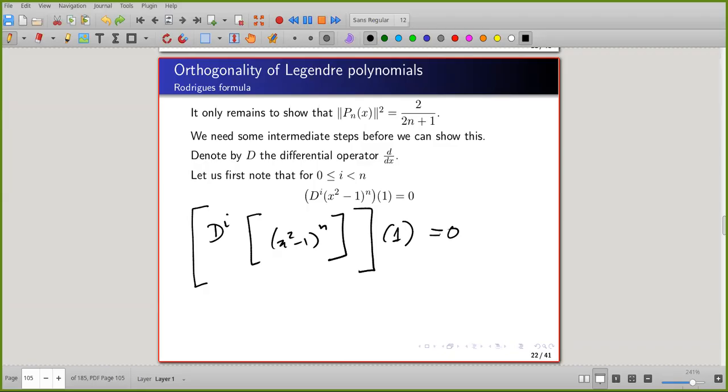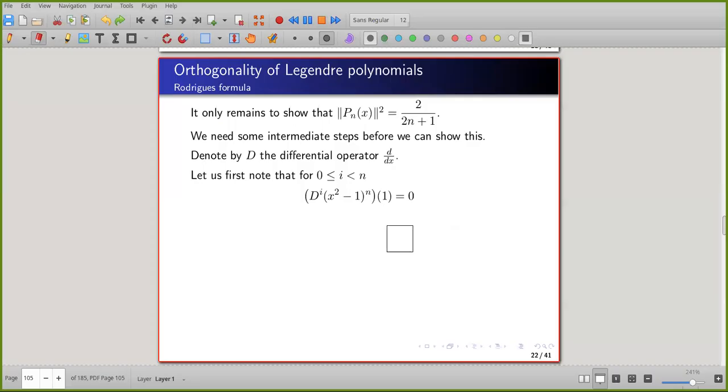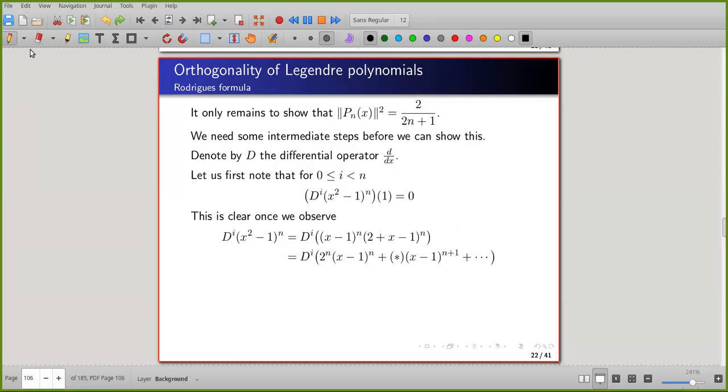Okay. So let's see how to prove this claim. The proof is fairly easy. The difficult part is to make this clever observation. So this is clear once we observe that this is d^i of (x square minus 1) to the n. Let me put a bracket over here for emphasis. This (x square minus 1) to the n, I write as (x minus 1) to the n into (x plus 1) to the n.